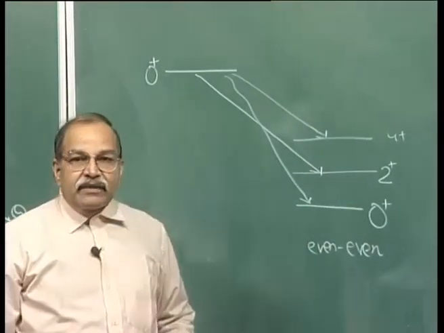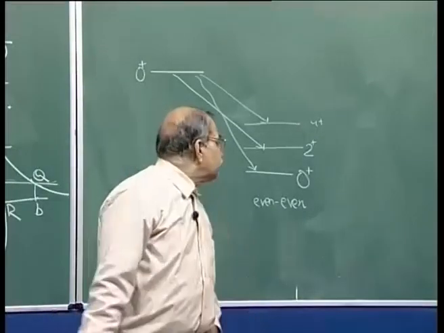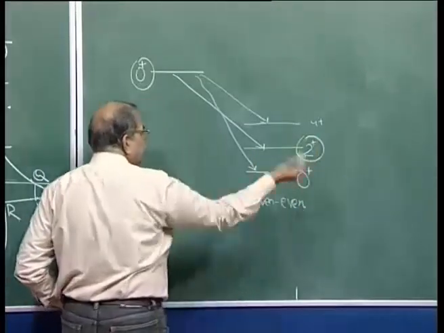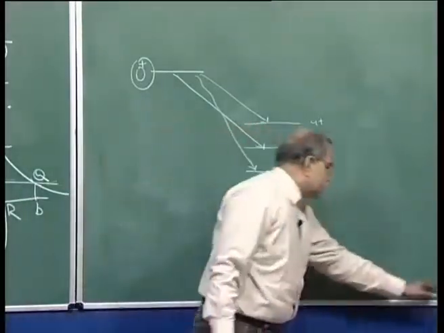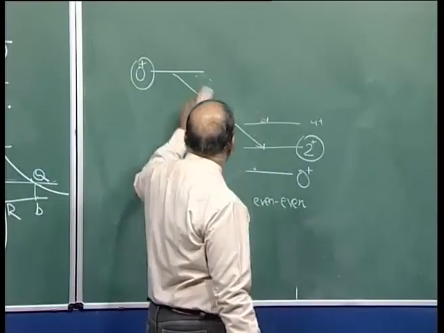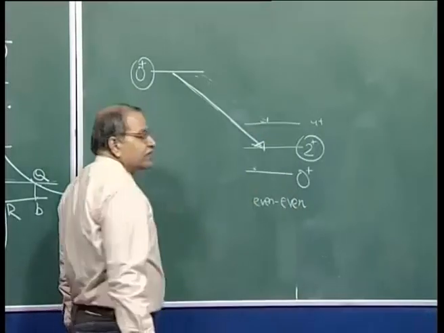Now, if it does that, the angular momentum of the alpha particle cannot be 0. For example, if it goes from 0 plus to 2 plus here, consider this transition. It alpha decays and goes to this first excited state.